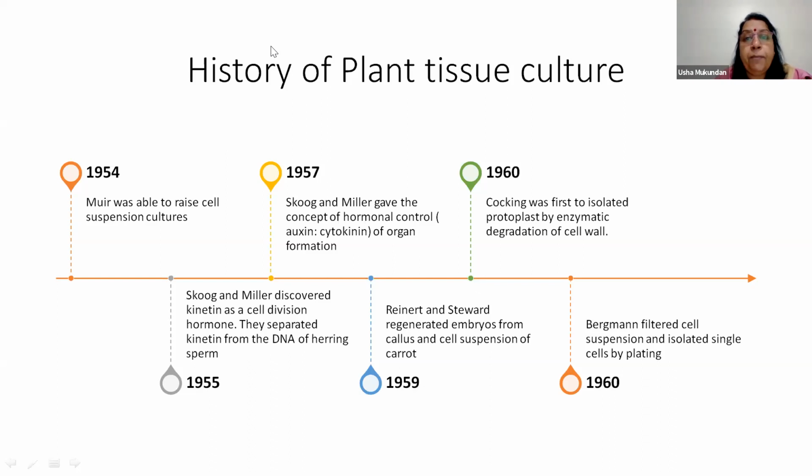That means if you could have a balance between auxin and cytokinin, you can play around with the culture medium and you can get either roots or shoots or an entire plant in vitro. Reinert and Steward regenerated embryos from callus and cell suspension of carrot in 1959.